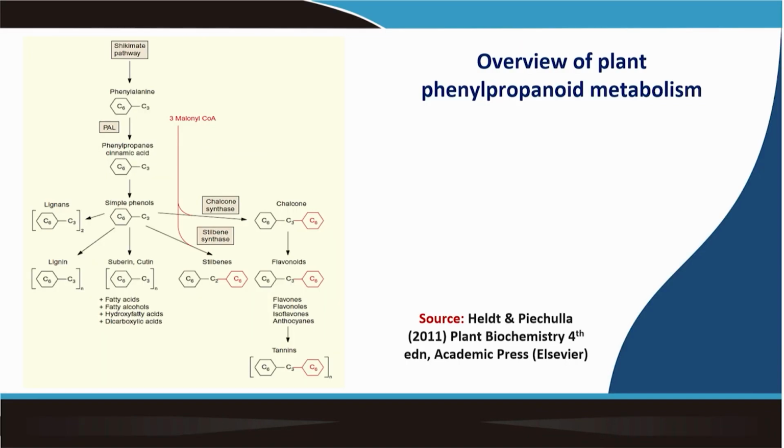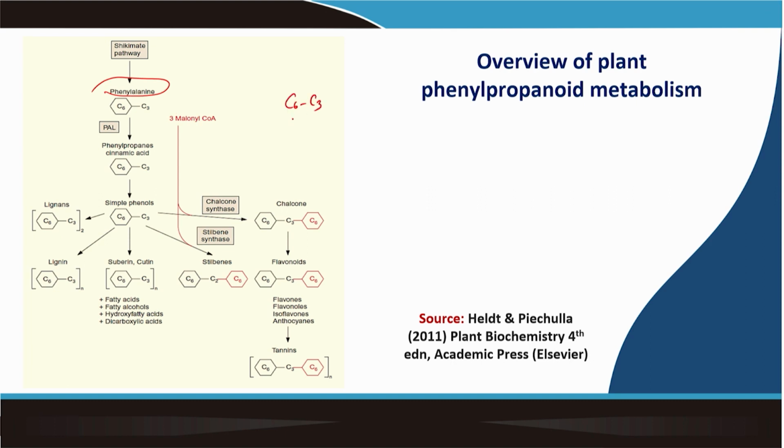In the previous class I gave an overview of phenylpropanoid metabolism. This is just a quick revision. It started with phenylalanine, and by the action of the enzyme PAL, phenylalanine is converted into trans-cinnamic acid, which is basically a C6C3 compound.